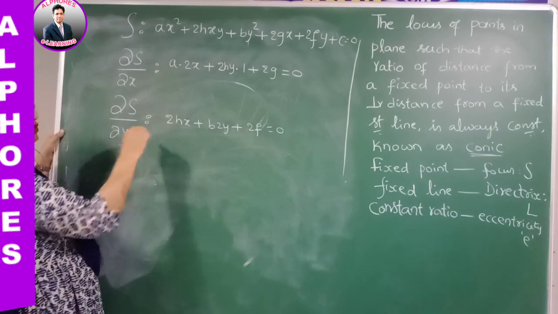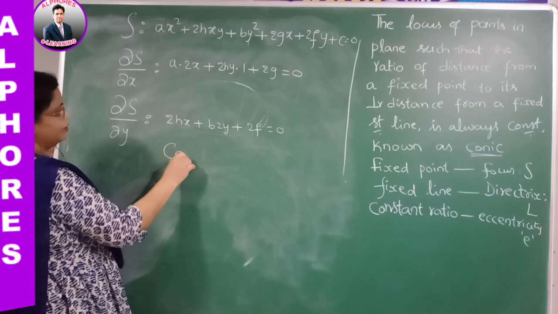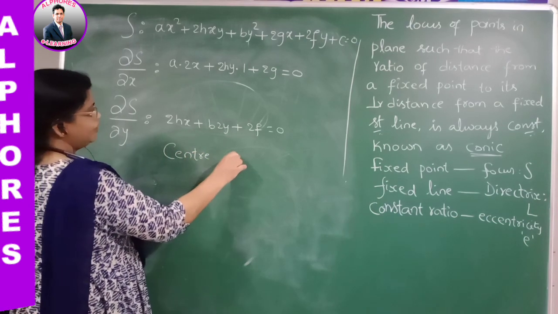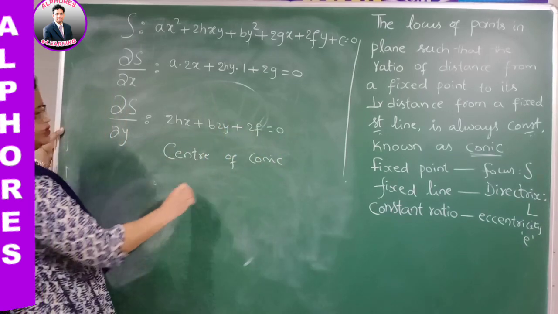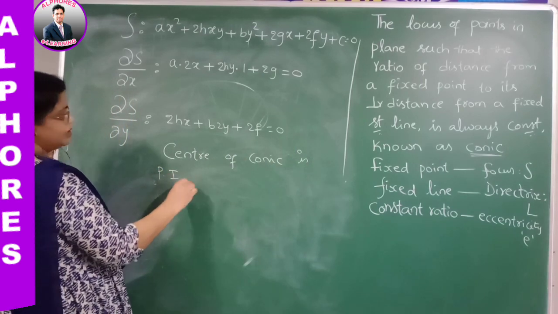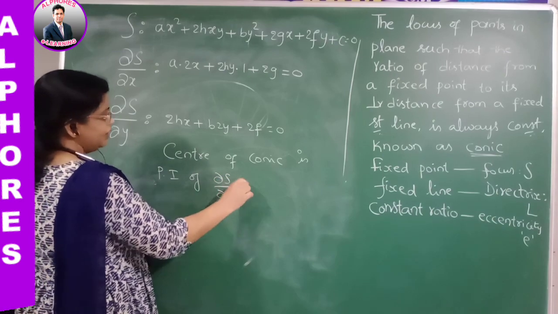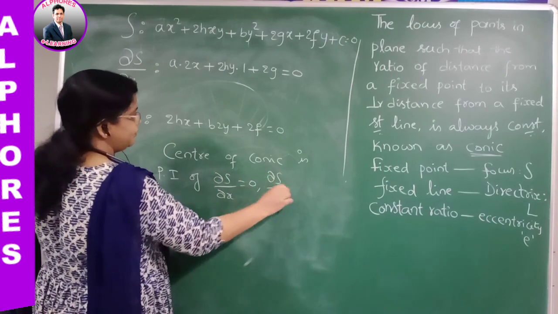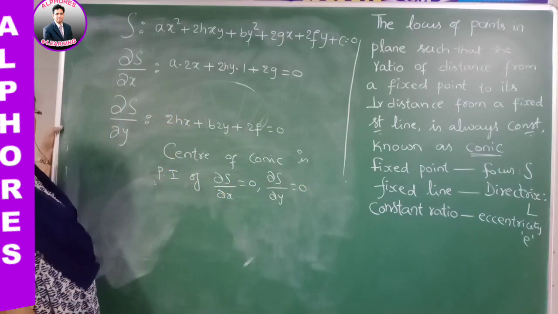So if you solve these two equations, then we can obtain the center of the conic. The center of the conic is nothing but the point of intersection of the two equations, dou s by dou x equal to 0 and dou s by dou y equal to 0. Okay students, so in this way you can easily find the center of a conic.